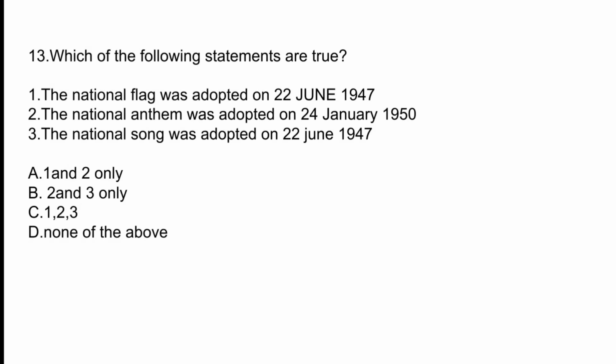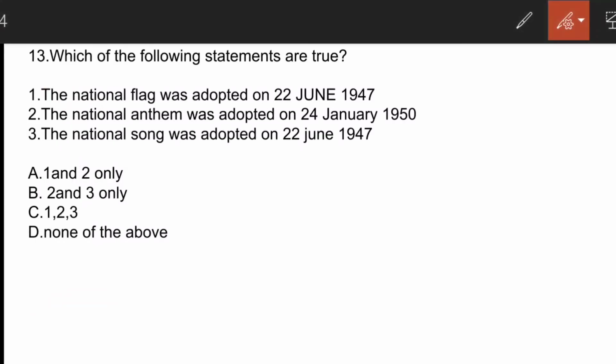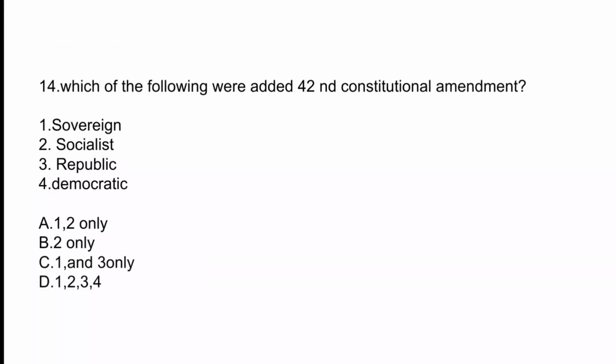Here, only options 1 and 2 are correct. That is, option A is correct. The third statement is wrong because the national song was adopted on 24 January 1950 along with the national anthem. Moving on to the next slide.